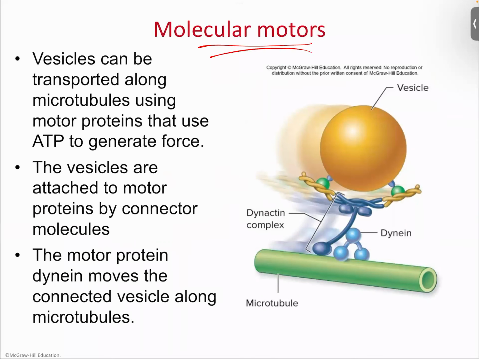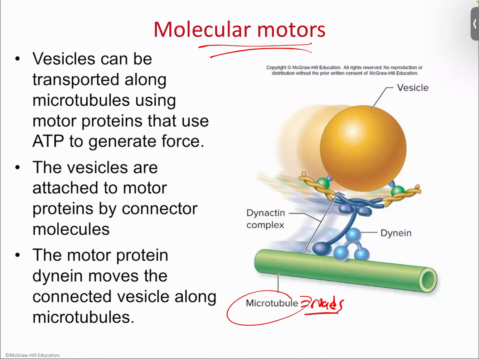So motor proteins are essentially the proteins that move stuff around, right? If you think about it, we're going to use an analogy. If you have a microtubule, your microtubules are basically like the roads that you drive on, right? There's a pathway to go to every destination that you want to get to.